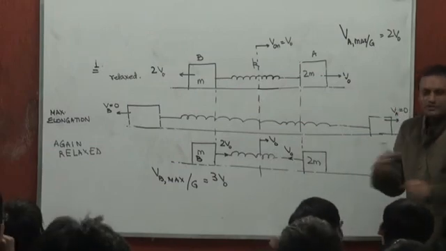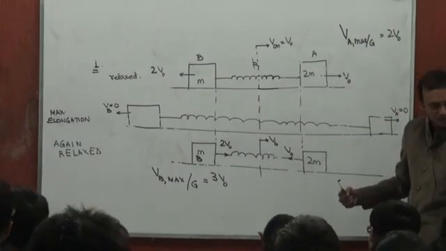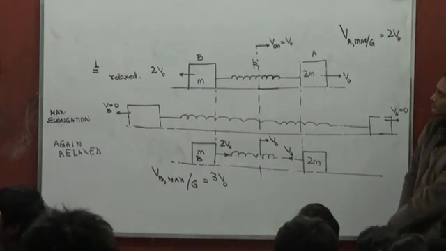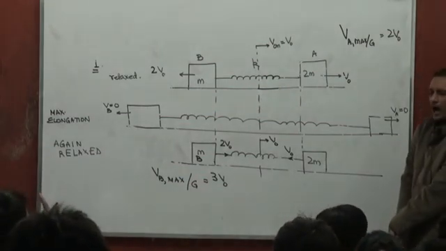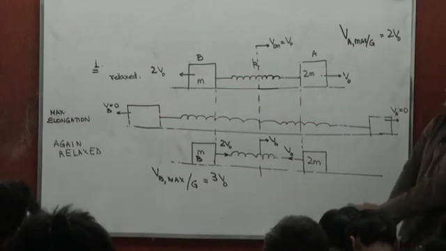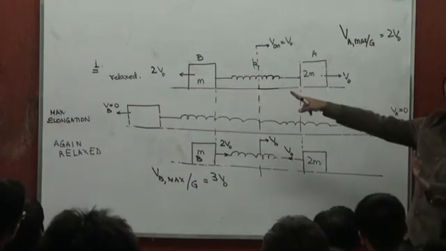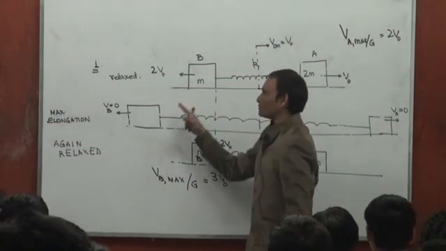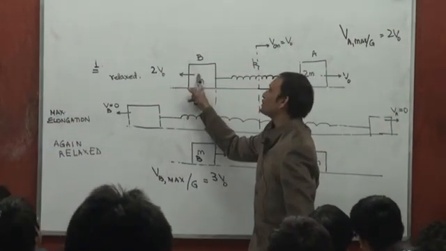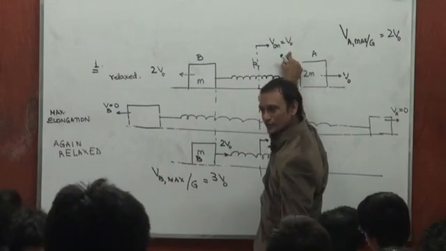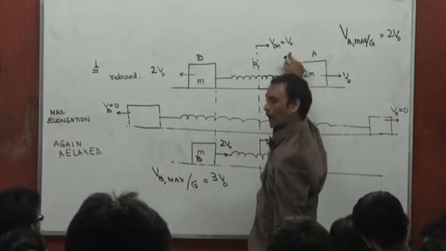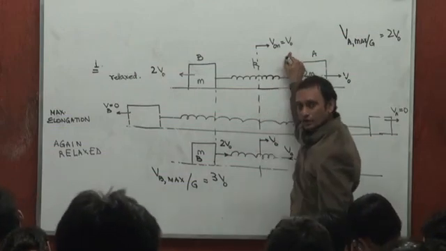So it must be oppositely directed to the velocity of the center of mass, right? Now, look, for B, while the spring is elongating from this state to this state, its velocity would be opposite to the velocity of the center of mass. Yes or no? Right? You know what I'm saying?